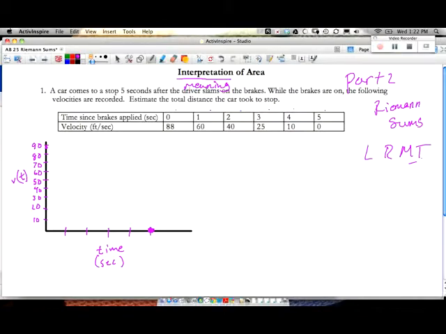So at time equals 0, right at this point, that's 88 feet per second. And then at time equals 1, we're at 60 feet per second, so about here. And at time equals 2, we're at 40 feet per second, so about here. And at 3 seconds, 25 feet per second, so about halfway between these two, about here.